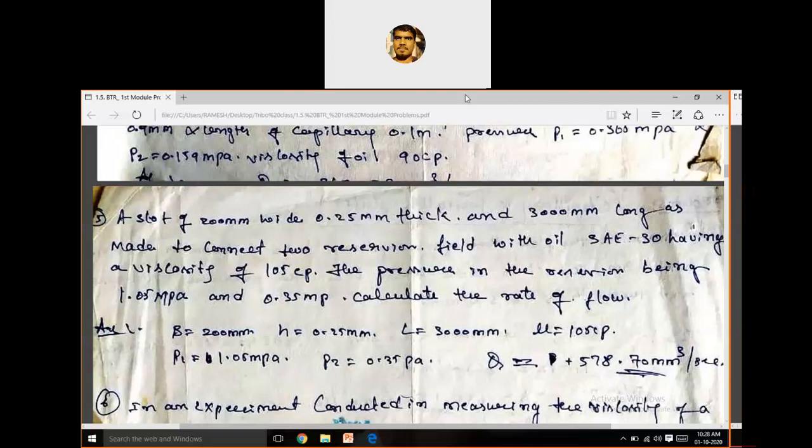The pressure in the reservoirs being 1.05 megapascal and 0.35 megapascal. Calculate the rate of flow.